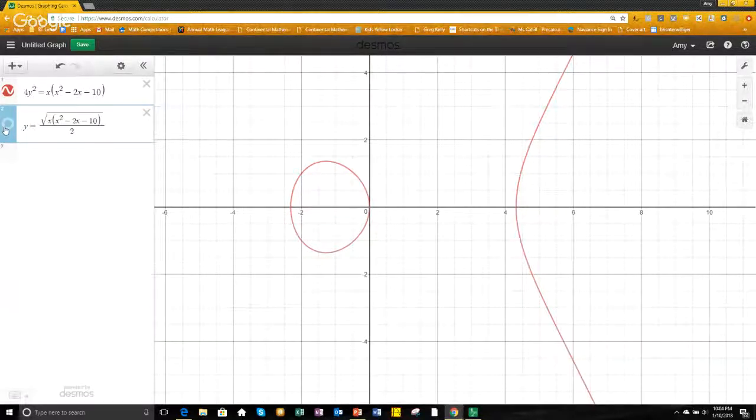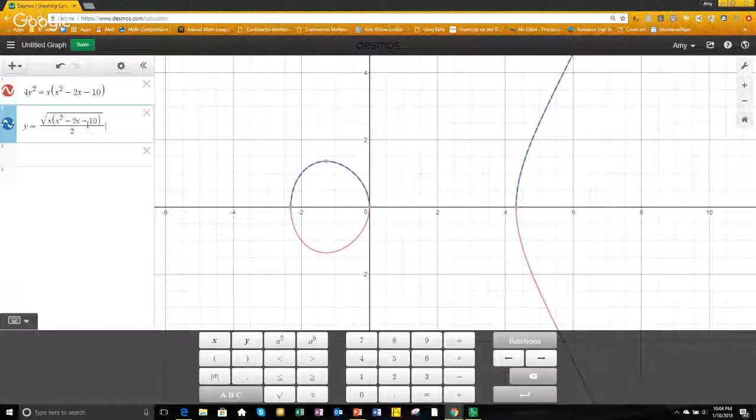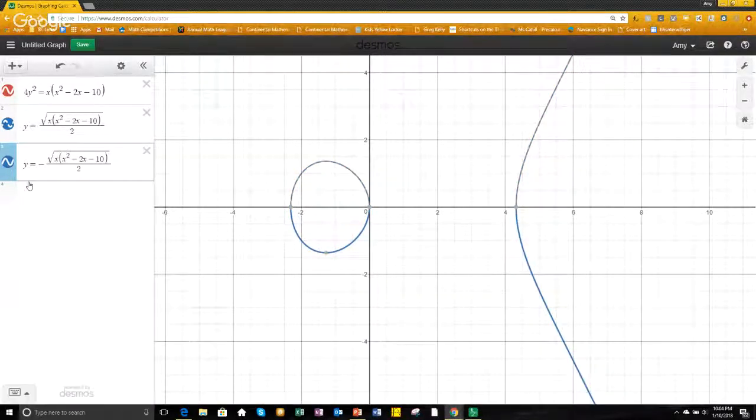And let's change the color here. And we'll make it blue and dashed. All right, and then we're going to make this equation negative, because then that'll be the bottom half. And we'll change that one's color. I guess we'll make it black and dashed so we can see that they absolutely match.